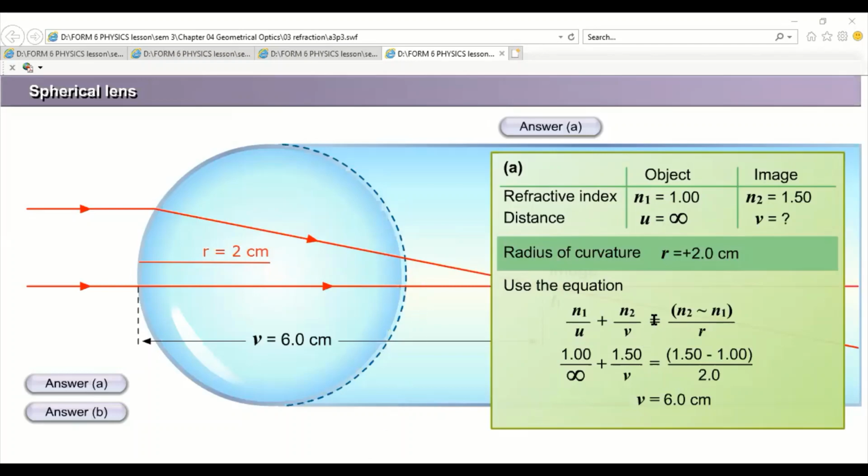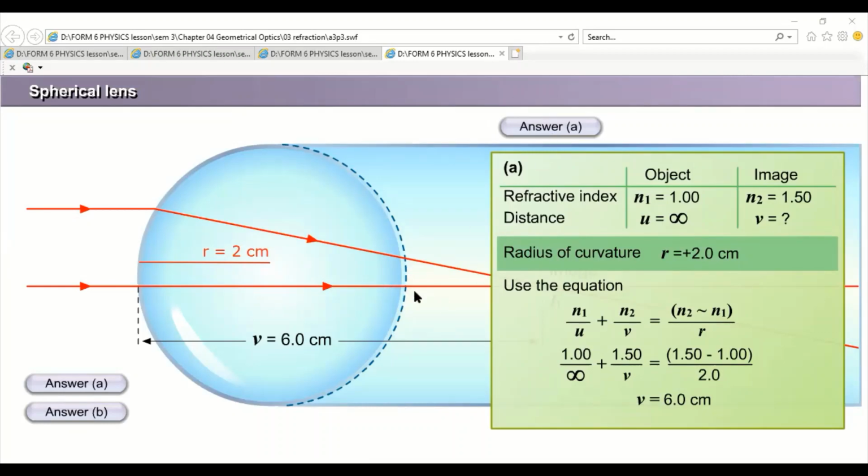So we calculate that, and we get that V, the object is at infinity, the image will form at 6 cm from the point we refer to here. So from here, 6 cm, this means that the concave surface is just 4 cm.